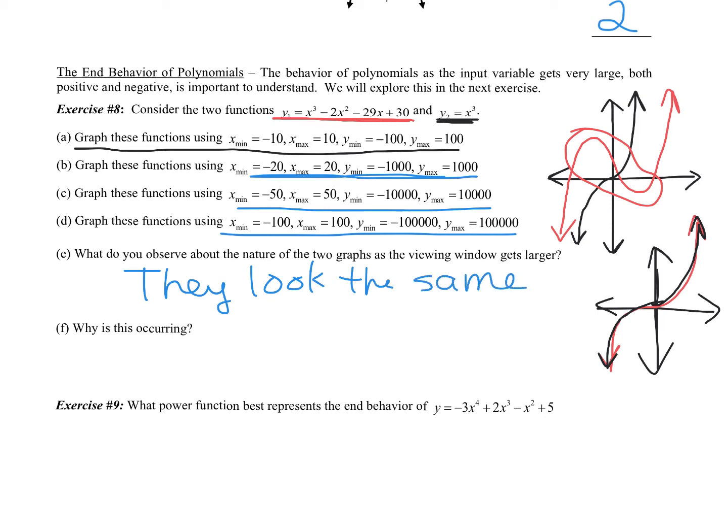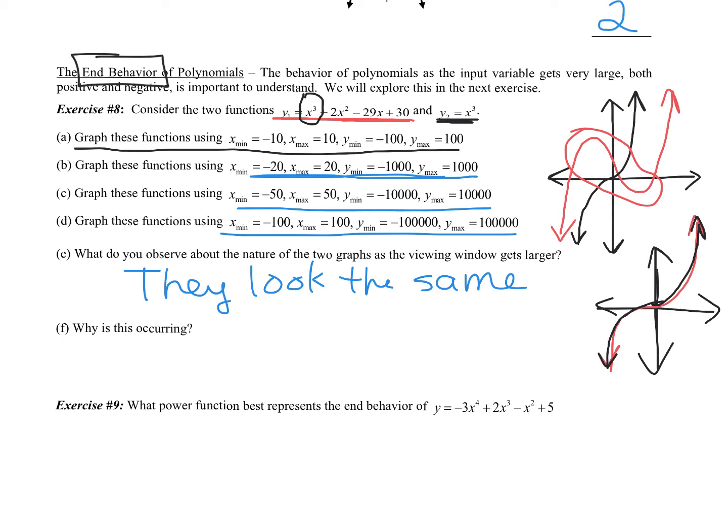Why is this occurring? So basically we will see, since a polynomial function is just kind of like a bunch of little power functions together and then maybe a constant, the one that ultimately wins out in the long run or in the end behavior is the one with the highest exponent.